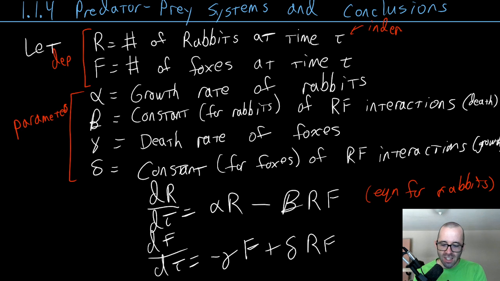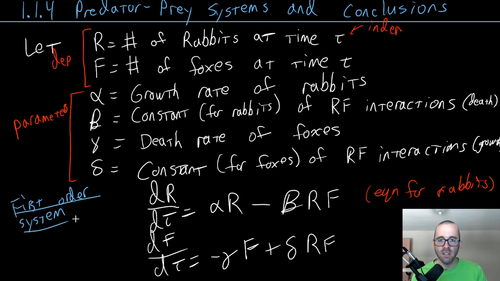And so what we have right here is what's called a first order system. You've talked about systems of equations. This is a system of equations too. It's just a system of differential equations. All right. Now these can be more difficult to solve.